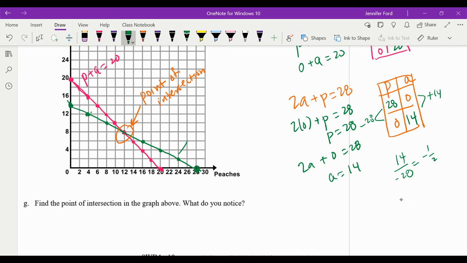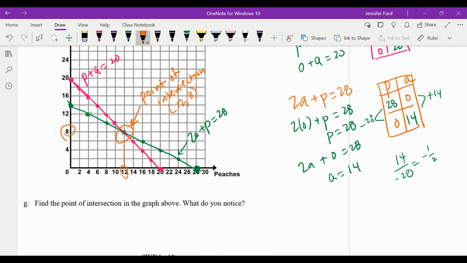And this line is 2A plus P is 28. And when both of those are true at the same time, you get the point of intersection. This point of intersection is the point 12, comma 8, because it's 12 and 8, which is the solution to the system.